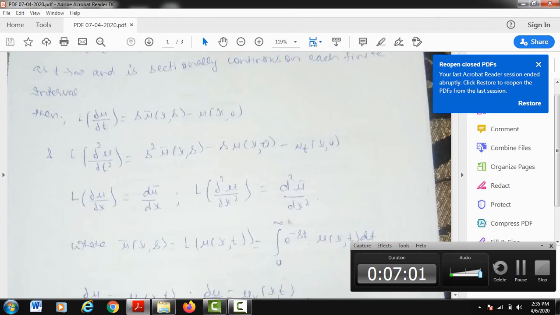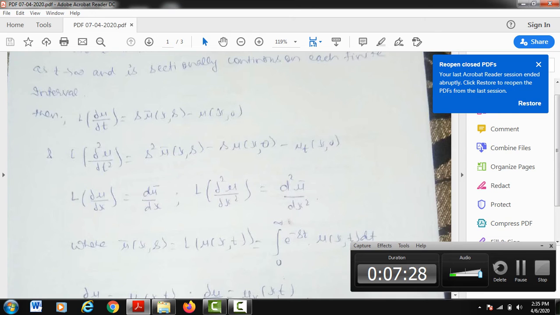We are calculating the Laplace transformation of the partial derivative of u with respect to either x or t. Whenever doing with x, you will use the total derivative, means Laplace of ∂u/∂x is du bar over dx, and Laplace of ∂²u/∂x² is d²u bar over dx². Okay, clear?